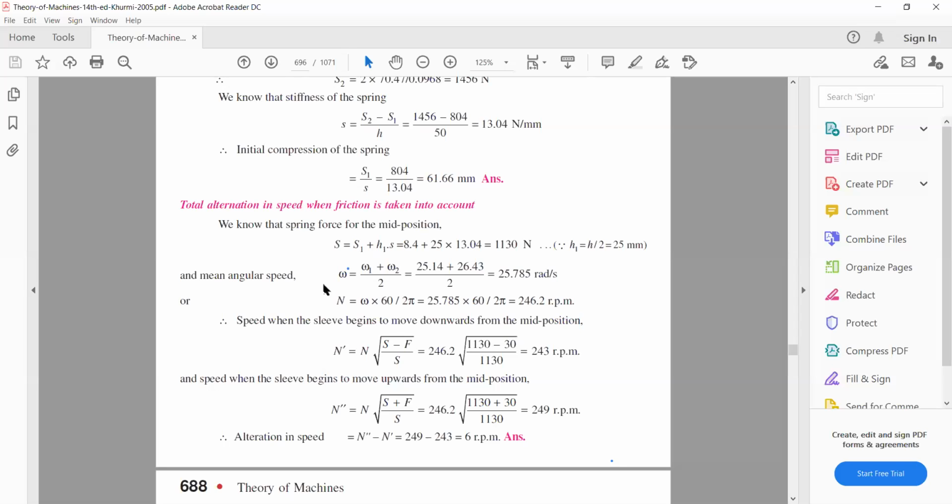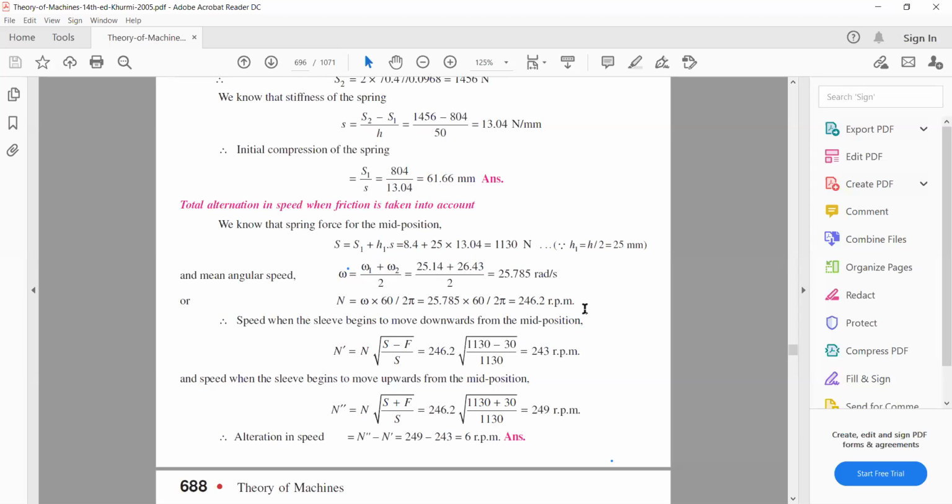For the mean angular speed, omega equals (omega 1 plus omega 2) by 2, which comes to 25.78 radian per second. From this, capital N equals omega into 60 by 2 pi. The mean speed is 246.2 RPM.